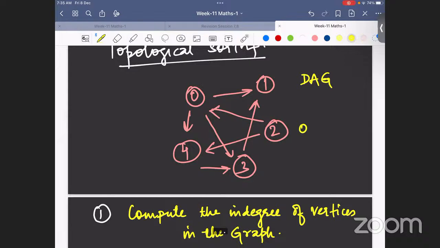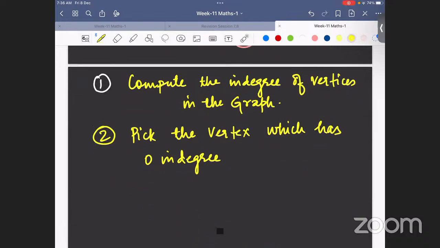If you remove 2 along with the edges attached to it, you'll see that the remaining portion of the graph will also be a DAG. So the second step is to pick the vertex which has 0 in degree and add that vertex to your sequence.